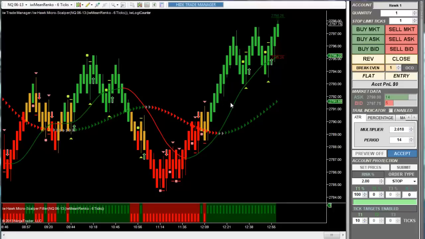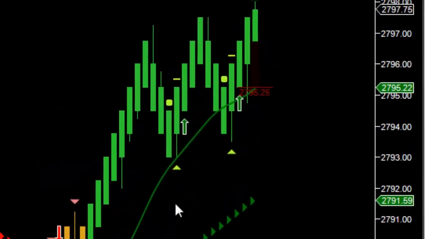Those four things with the Hawk happen to be the bar color, the micro trend line color, the macro trend line color, and lastly, the color of the filter. When all four of these are in sync, then we will have a higher probability signal develop.